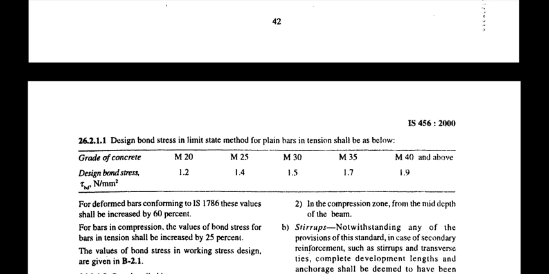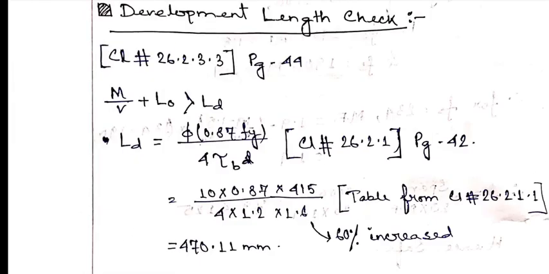So let's go to the notes and check how these are all applied in solving the design problem. So here it is: dia into 0.87 Fy by 4 tau BD, that equals 10 into 0.87 into 415 by 4 into 1.2 into 1.6, that is 60% increased, which we have read just now in the IS code, right?